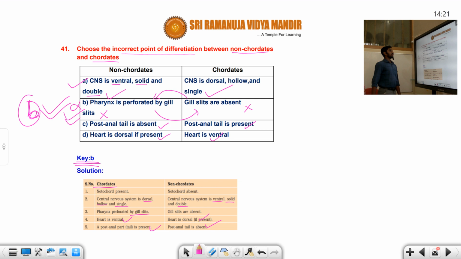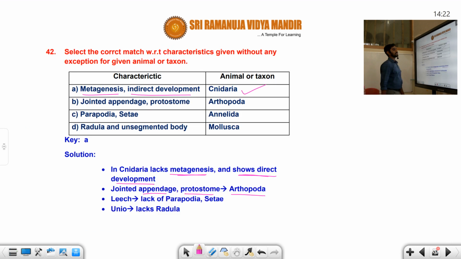So the jointed appendages and the prostomia are found in the Arthropoda. They are asking about the correct match with respect to the given characteristics without any exception for the given animal or taxon. Here the answer is jointed appendages or prostomia present in the Arthropoda.